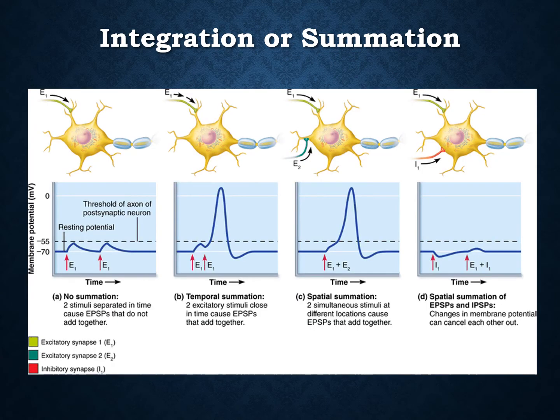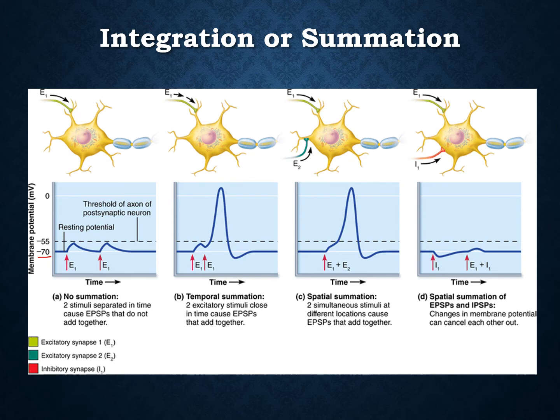Here, in diagram A, no summation is taking place. This is minus 70 millivolt, which denotes the resting membrane potential, and this is minus 55 millivolt, meaning the action potential will generate after this amount. So what happens? Two stimuli separated in time cause EPSPs that do not add together, and from here no action potential is going to be generated.